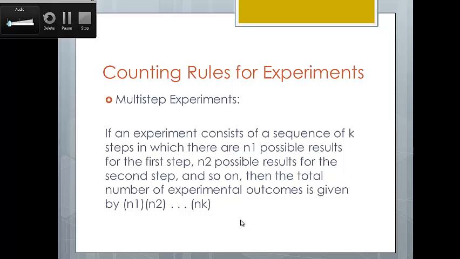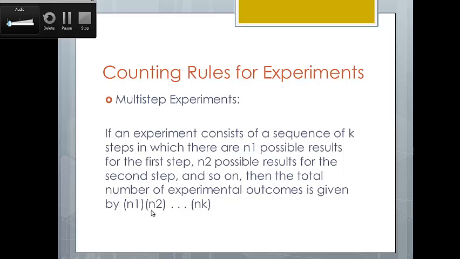Counting rules for experiments. Let's say that you have a multi-step experiment. If an experiment consists of a sequence of k steps in which n1 possible results come from the first step, n2 results from the second step, and so on, then the total number of experimental outcomes is given by the product of the number of results at each step.